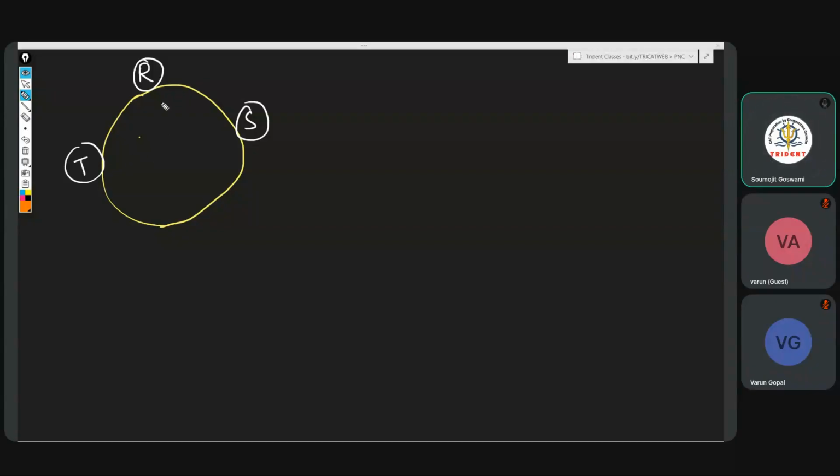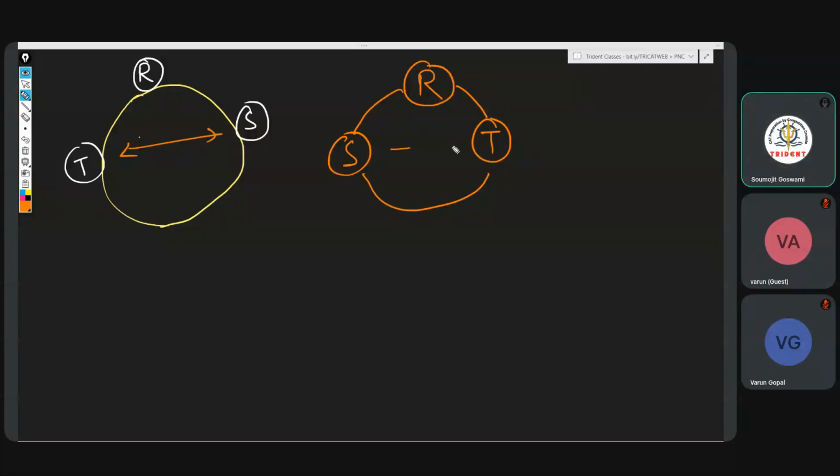So the position is that this is one of the arrangements. The other arrangement is going to be very simple. Basically, just flipping, or changing the order or orientation or position of R, S and T. Is there any possibility of changing this?